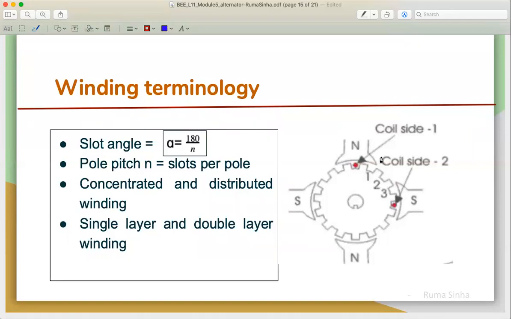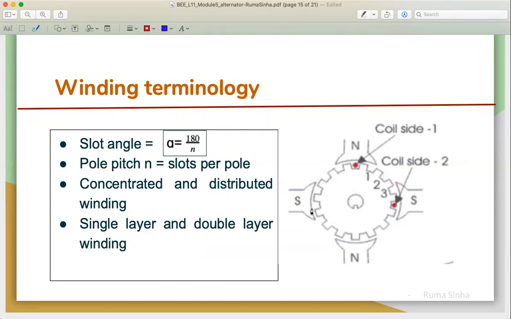So this coil side is connected to this coil side. From one pole to the next pole, what is the distance? It is this red point to this red point. This distance is called pole pitch, and it is expressed in terms of number of slots per pole.